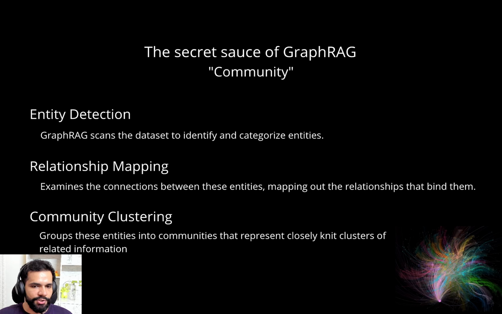That's what we call relationship mapping. Community clustering: using techniques like the Leiden algorithm. We'll go into detail in the next video about the clustering algorithms and why Leiden was chosen, if I'm pronouncing it right. GraphRAG groups these entities into communities, which are closely knit clusters of related information, right?